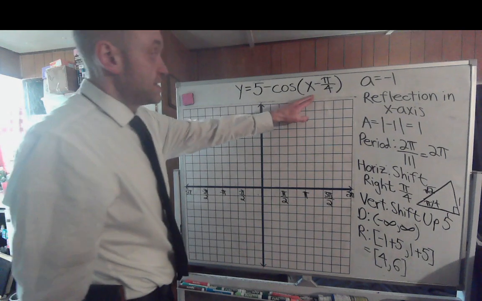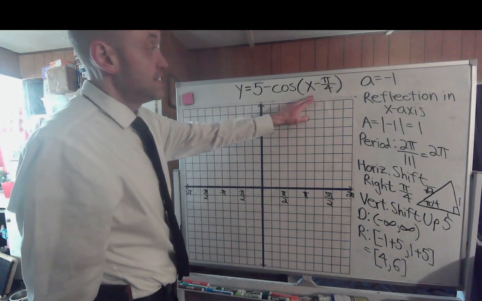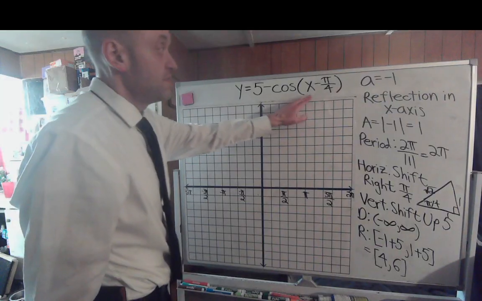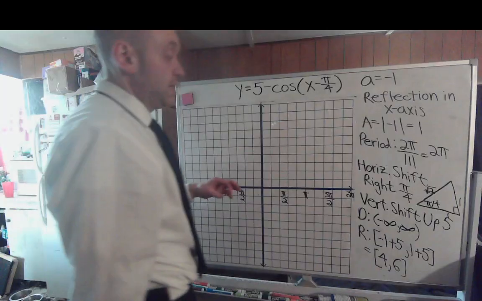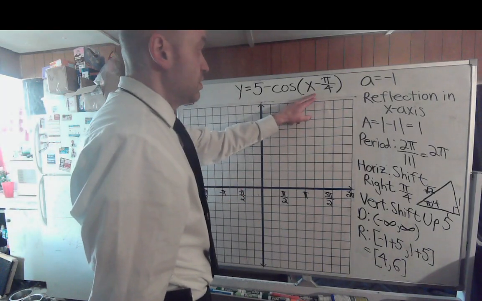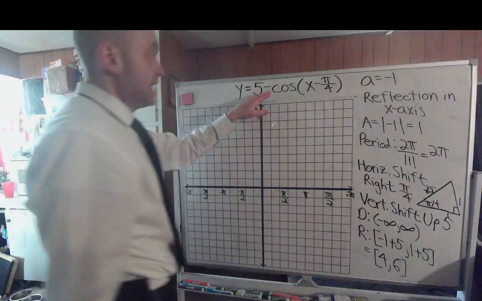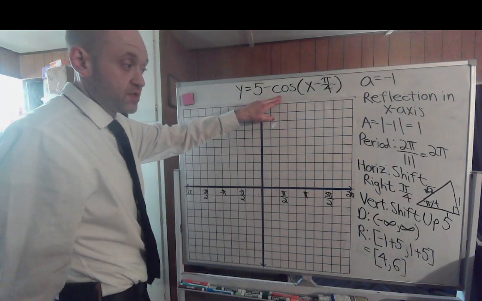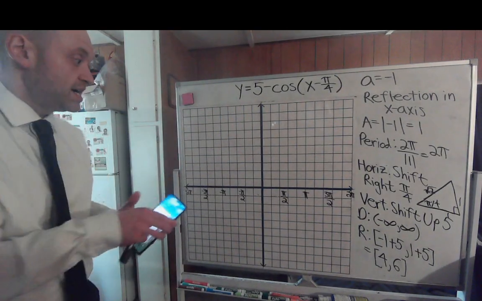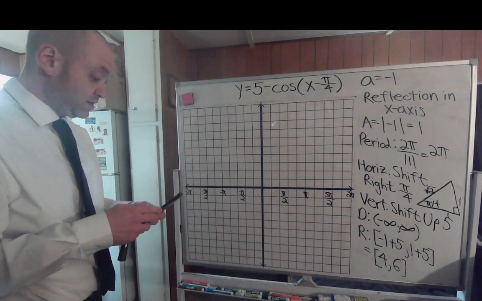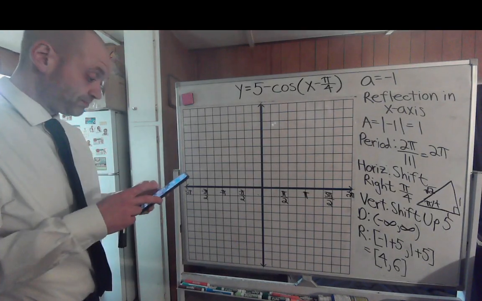Okay, so let's start when x is 0. When x is 0, that would give you the cosine of negative pi over 4, which would end up being negative square root of 2 over 2. But if you negate that negative square root of 2 over 2, you'll get positive square root of 2 over 2. Then you have a plus 5. So let's figure all that out.